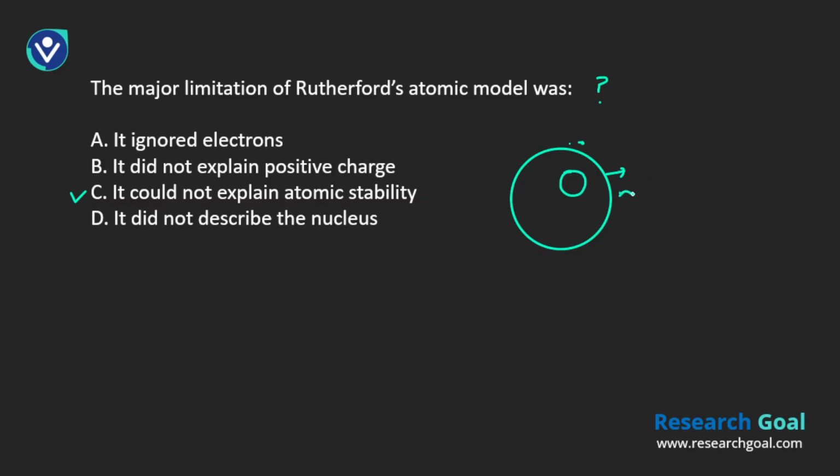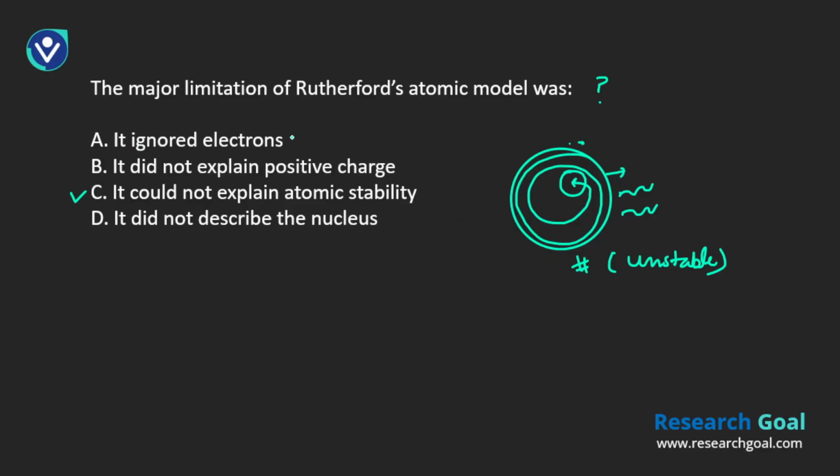Because of this, the electron should slowly spiral inside and fall into the nucleus. So that means it should be unstable. At that time this was the concept, and that is why he was not able to explain why this particular atom is stable. So it could not explain atomic stability.